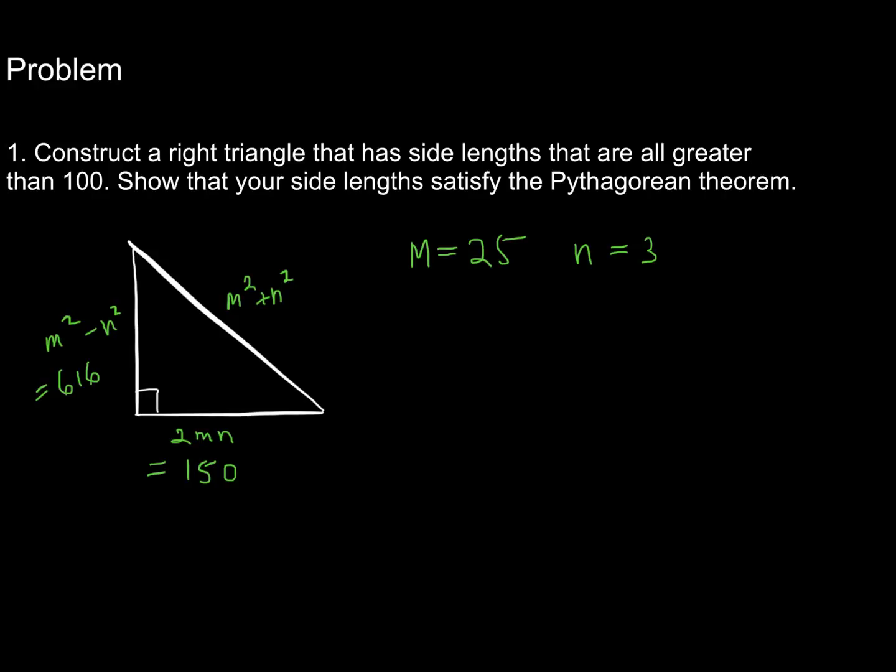And then if I take the squares of each and add them together, I'm going to have 625 plus 9, which is going to be 634. So here all of my side lengths are well greater than 100, and I can go ahead and prove that this works out using the Pythagorean theorem.